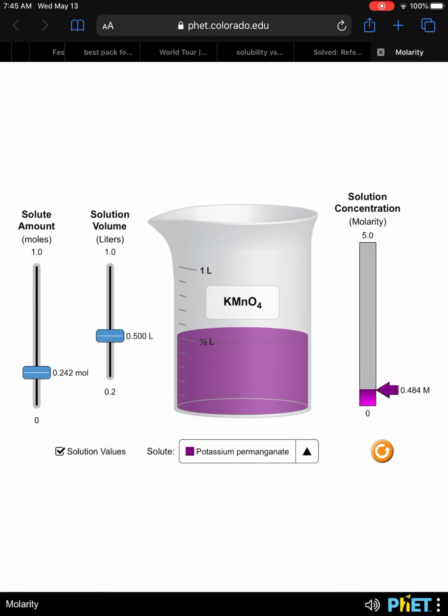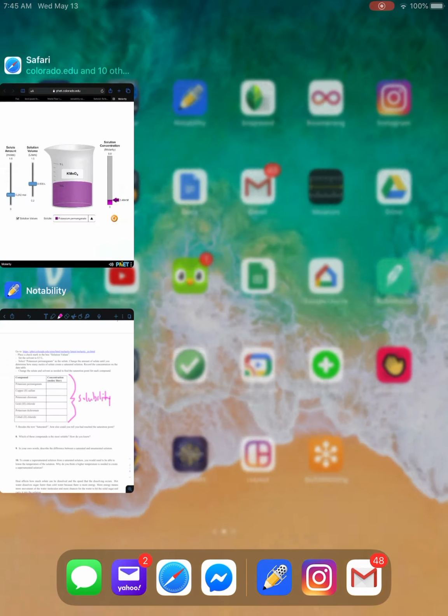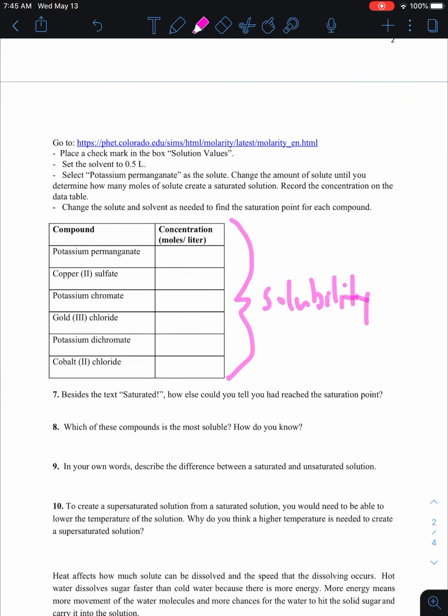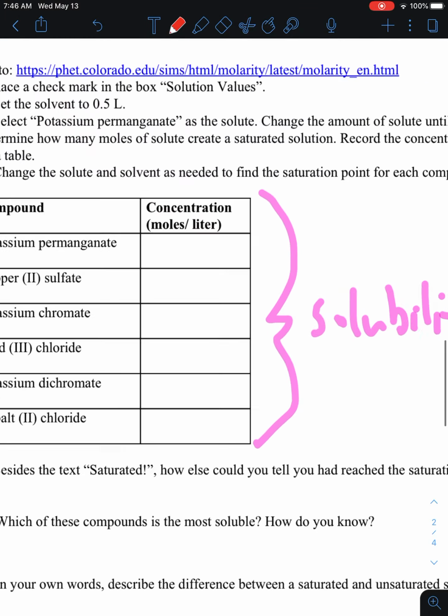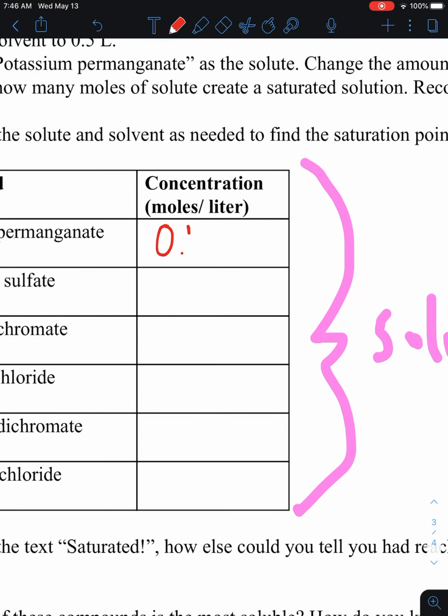Close enough. There we go. 0.484 is going to be the saturation point for that one. And I'm looking at the rightmost figure there. It's the concentration. And I would write 0.484.